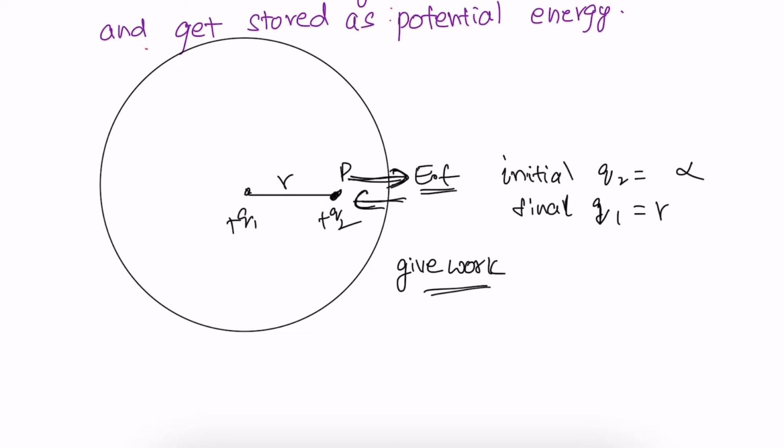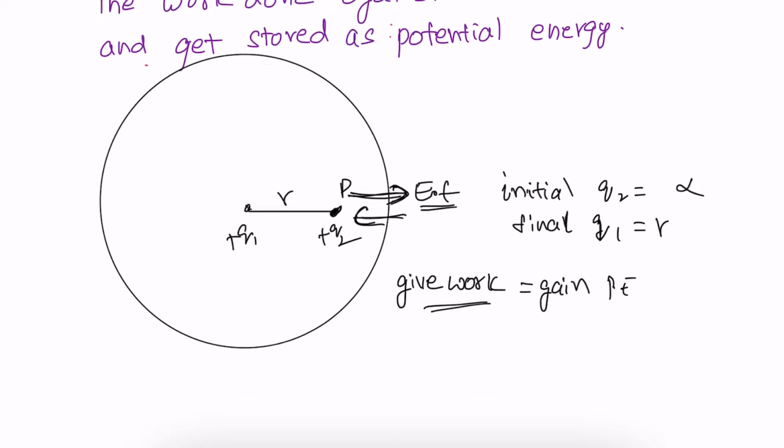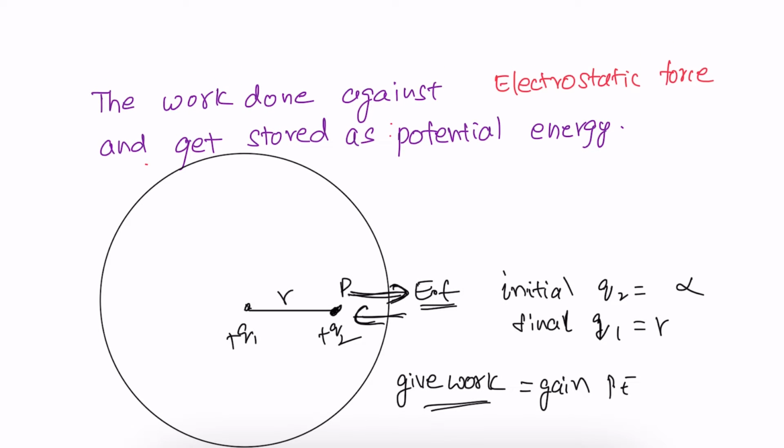So here the energy is positive because work is added to the system. We know work relates to kinetic energy and potential energy. Here kinetic energy is not involved, so the work done is converted into potential energy. Give work, that means it gains potential energy. So the work done against electrostatic force gets stored as potential energy.